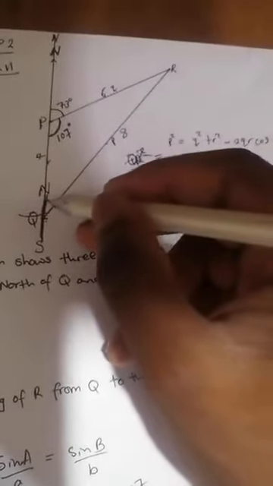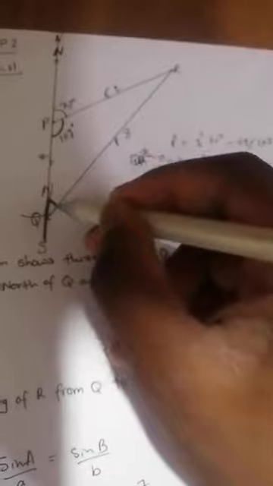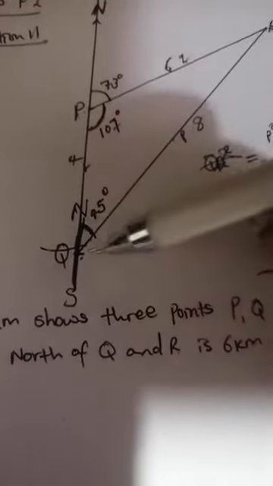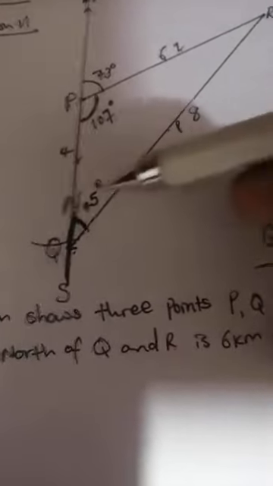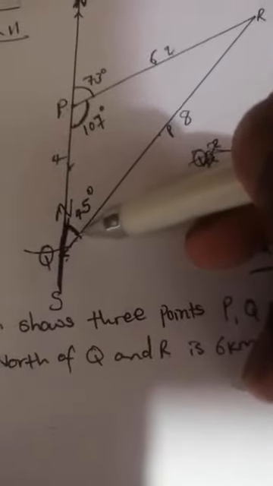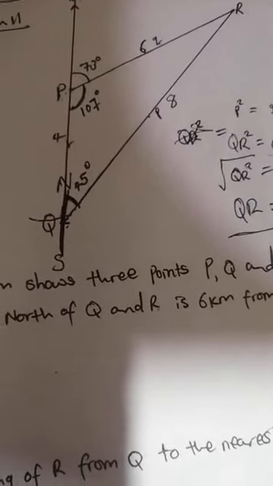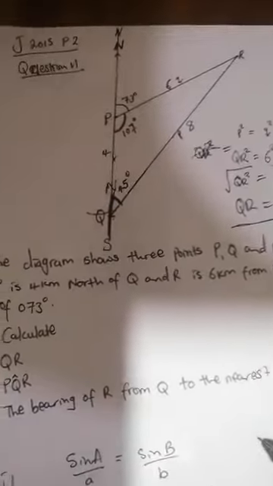Okay, so this angle is 45 degrees. So to move from Q to R, we just say north 45 degrees east, or using 3-figure bearing, it will be 045 degrees.